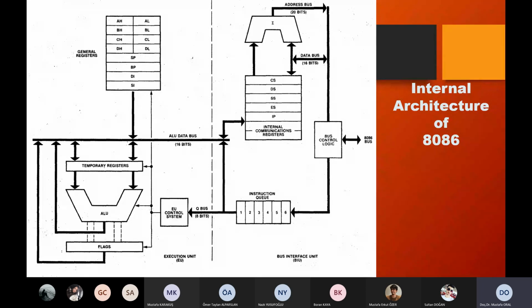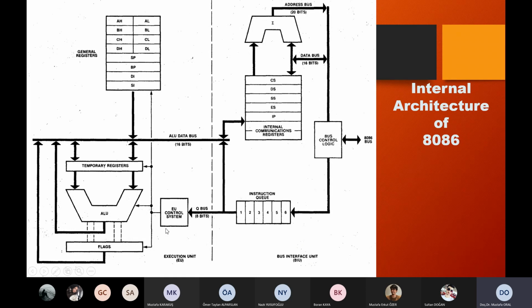Probably you learned it in the laboratory, or you will learn it soon. So whenever it reads the opcode for increment AL, when the execution unit control system decodes the opcode, it understands that the content of the AL register has to be incremented by 1.